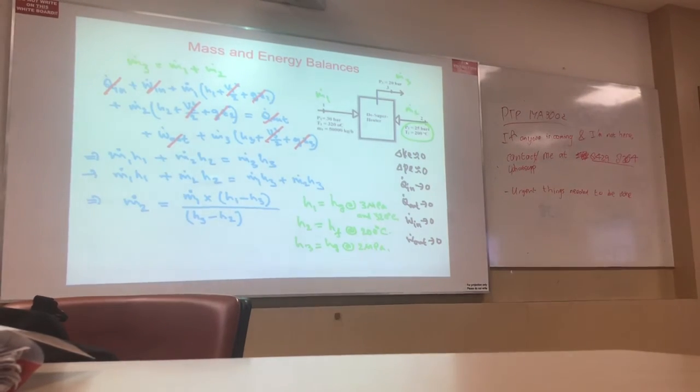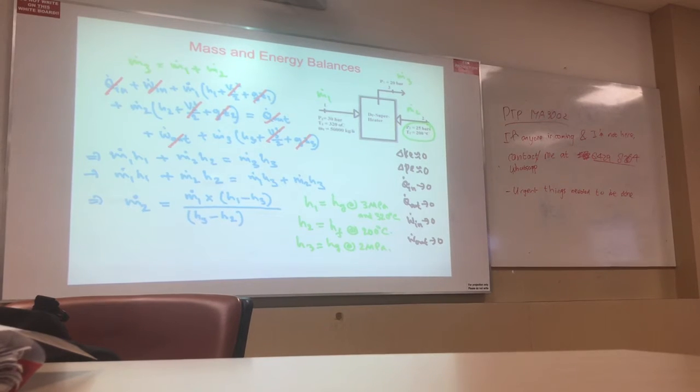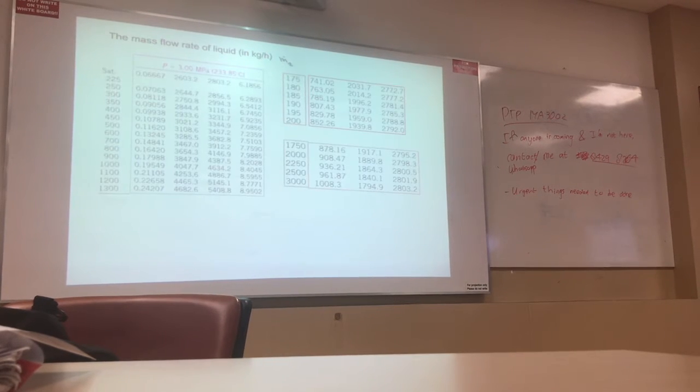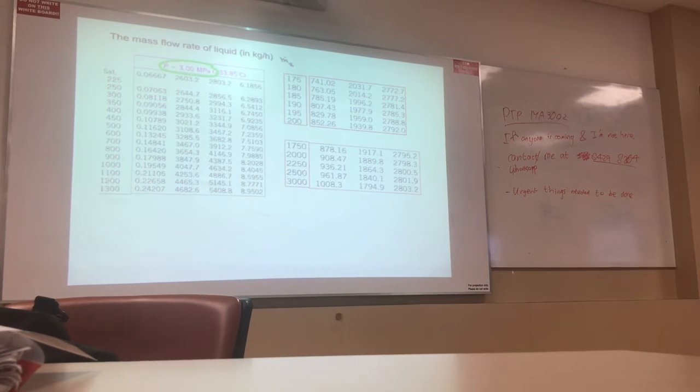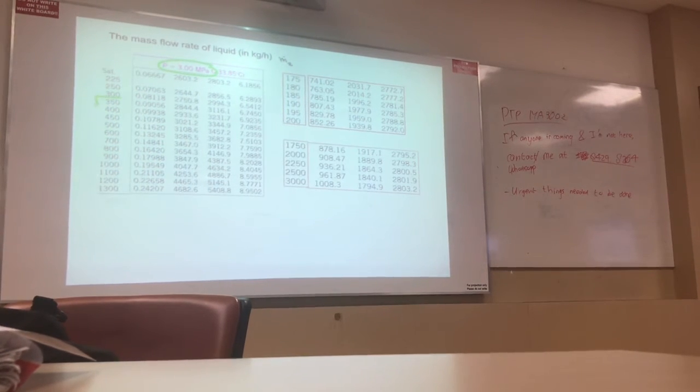So now I am going to show you the table. State 1, 3 megapascal and temperature 320. You do not have it directly, so you have to find it by interpolation.